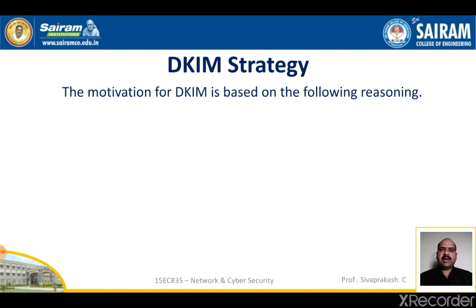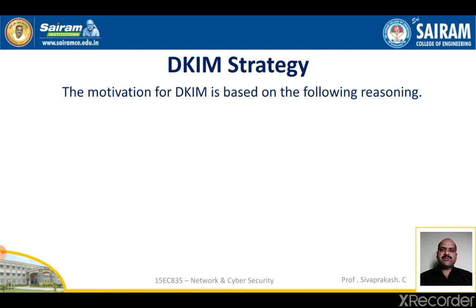At the receiving end, the MDA can access the corresponding public key via DNS, the Domain Name System, and verify the signature, thus authenticating that the message comes from the claimed administrative domain. Thus, a mail that originates from somewhere else but claims to come from a given domain will not pass the authentication test and can be rejected.